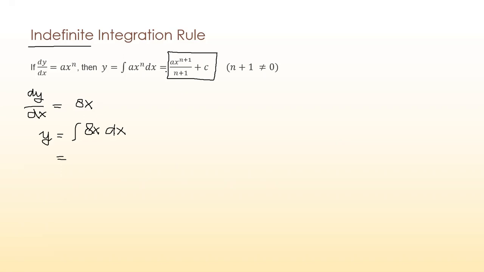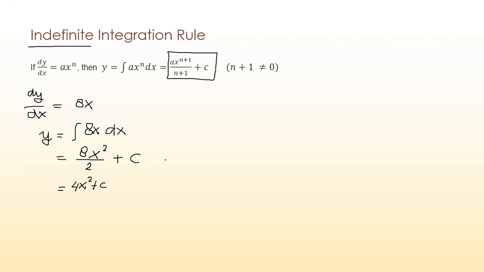According to this formula, according to this rule, you may find the outcome of this integration. There is 1 here as the power of x, so 1 plus 1 equals 2, and 8 in front of x squared over n plus 1, of course, over 2, plus c. It becomes 4x squared plus c.